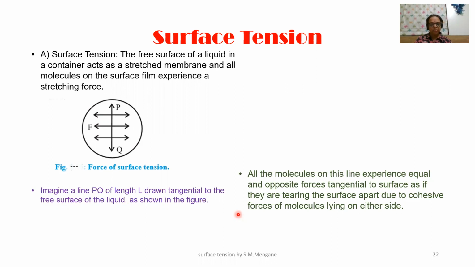into a sphere, because for the same quantity and same volume of water, if we calculate the surface area, the surface area of the sphere will be less and that of the cube will be more. Also, the surface area of a cylinder or cone will be more, provided all volumes are the same.